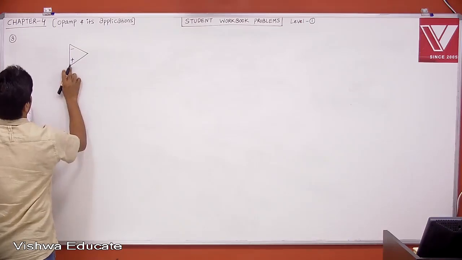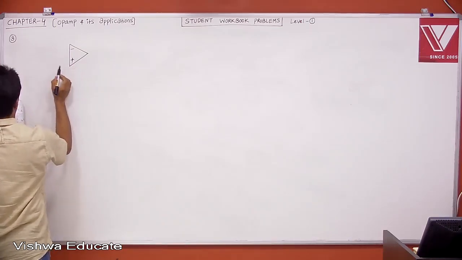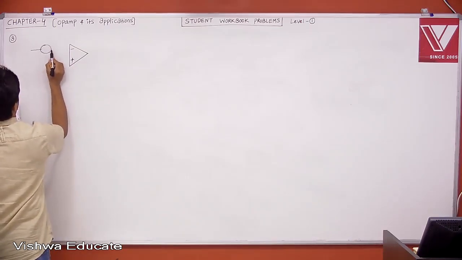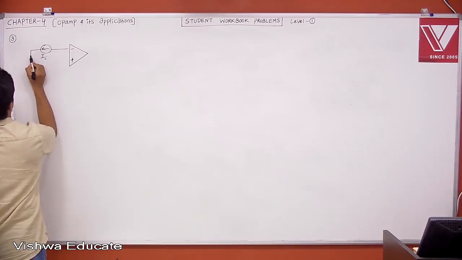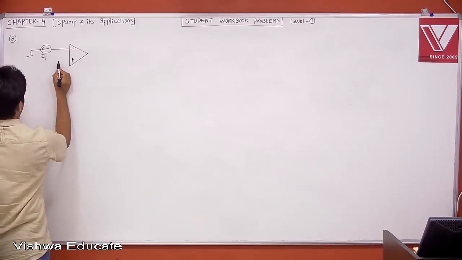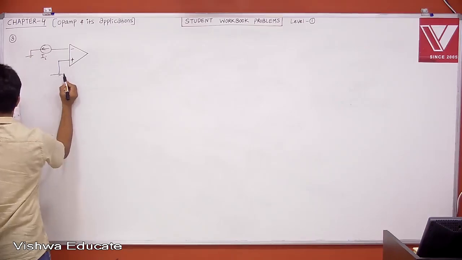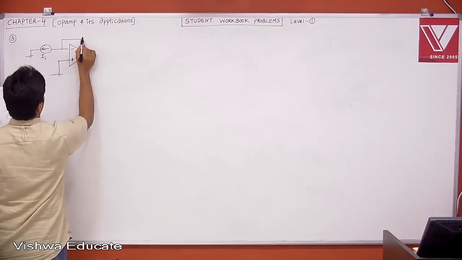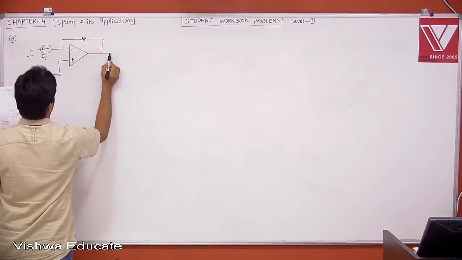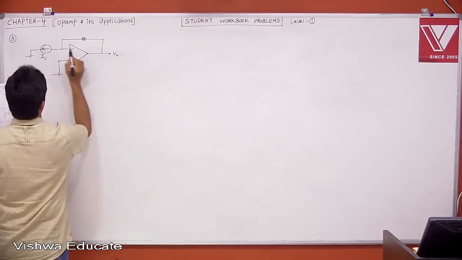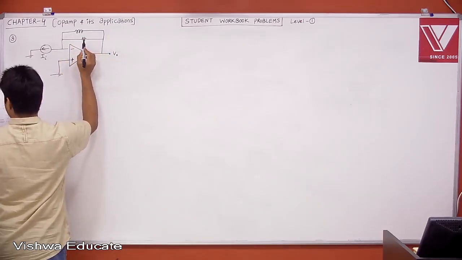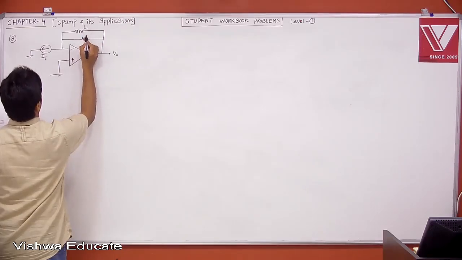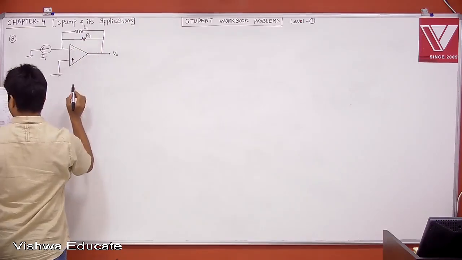This has a current source, which is Ii, an inductor L1, and a resistor R1.